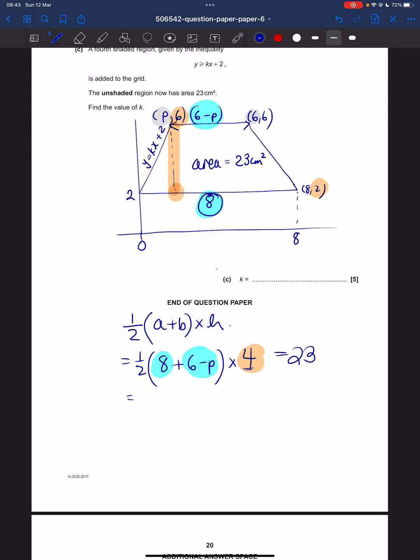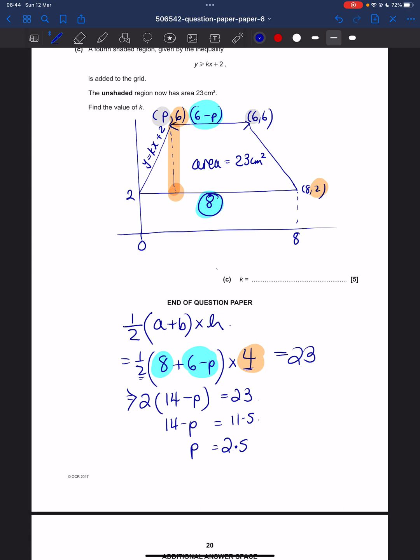The 4 and the half can be 2. 14 minus p inside the bracket, times 2, is 23. So the bracket is 11.5. So 14 take away p makes 11.5. P is 2.5.